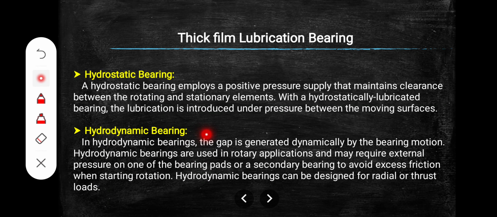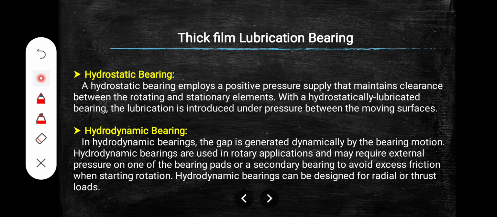Now the hydrodynamic bearing. In hydrodynamic bearing, the gaps are generated dynamically by the bearing motion. Hydrodynamic bearings are used in rotary applications and may require external pressure on one of the bearing pads or a secondary bearing to avoid excess friction when starting rotation.